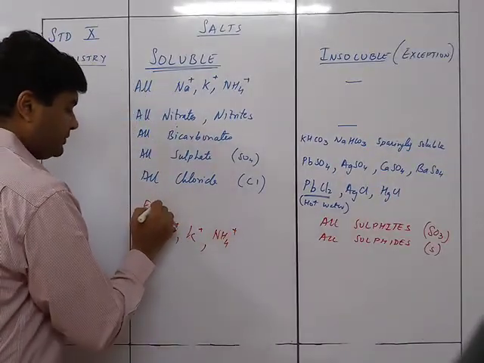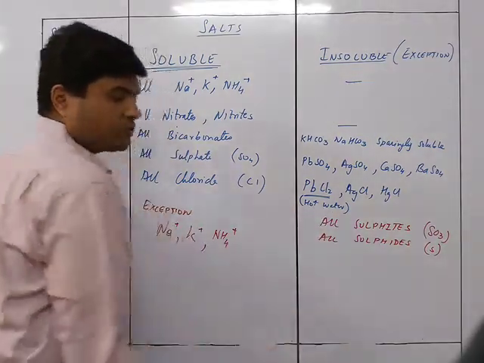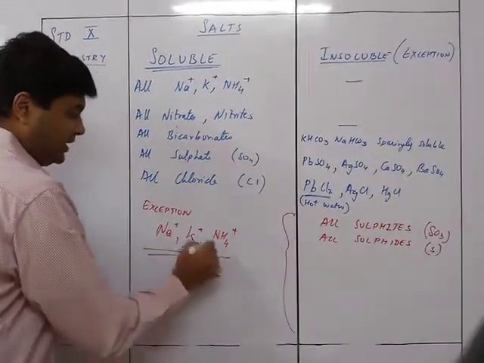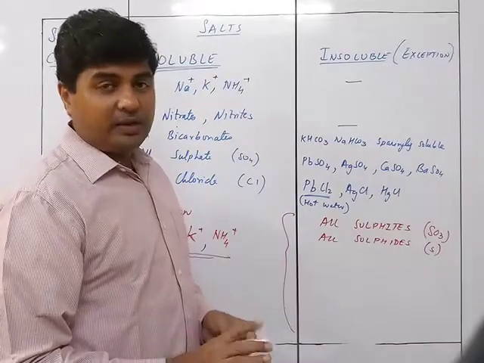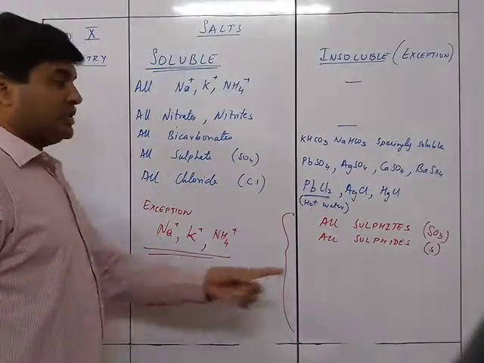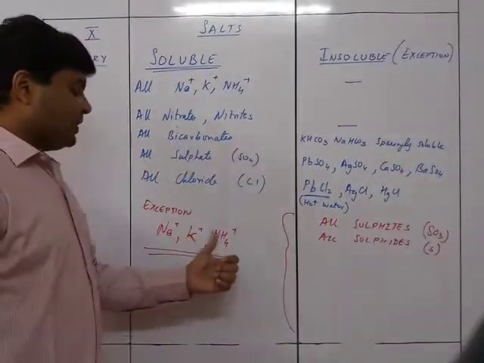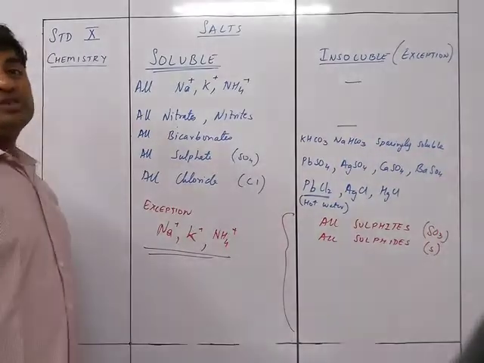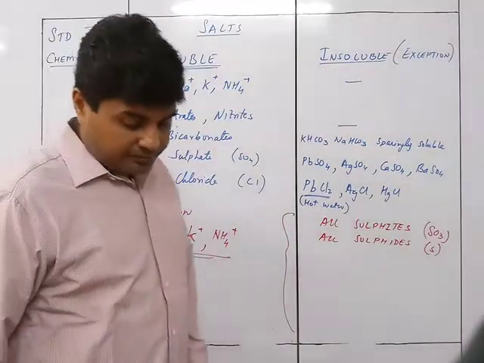So for all insoluble salts, the exception will be these three. Even if I say that all sulfides are insoluble, of course potassium sulfide, sodium sulfide or ammonium sulfide will be soluble in nature because these are fully soluble.